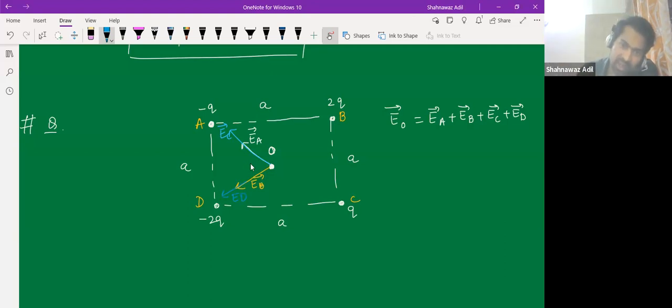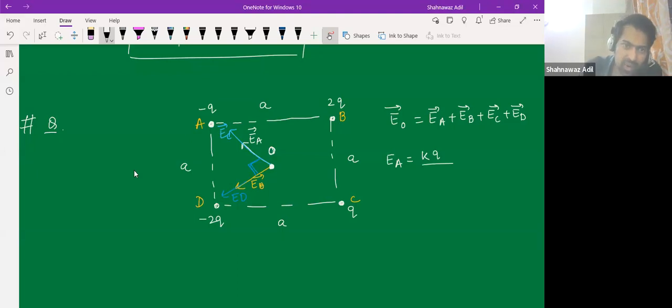Again, this is at right angle, and we have to figure out the magnitudes of EA, EC, EB, and ED. Magnitudes of EA and EC we can directly add, right? So let us find out the magnitude of EA. EA would be K, and this Q divided by the separation squared.